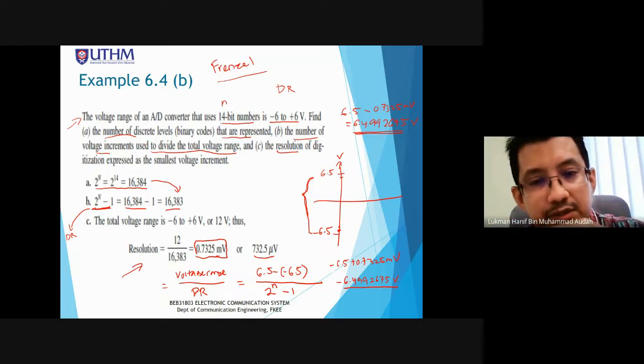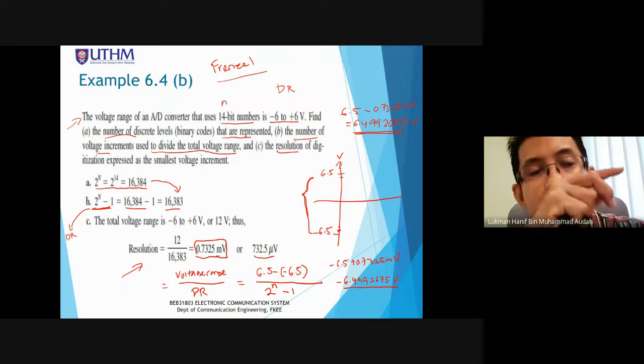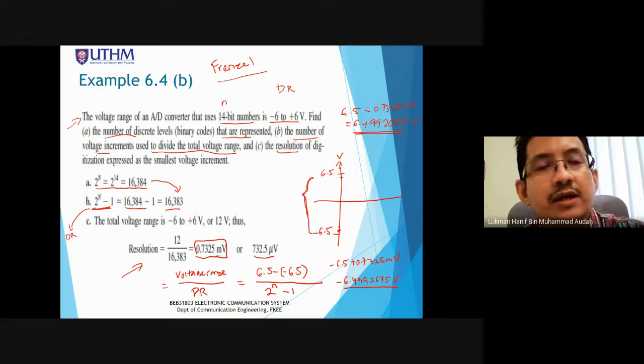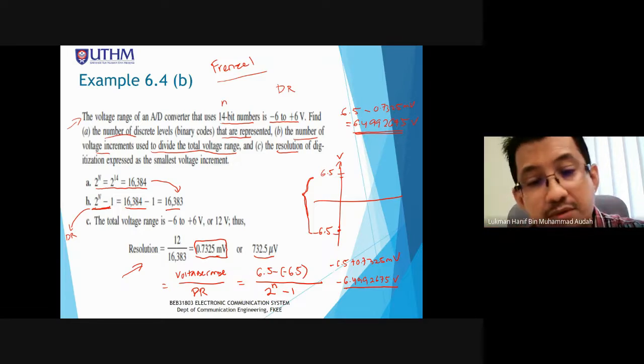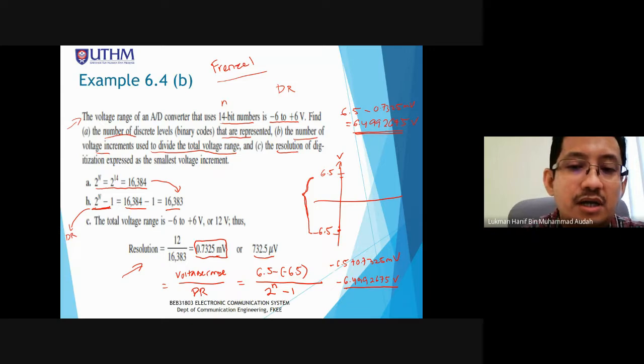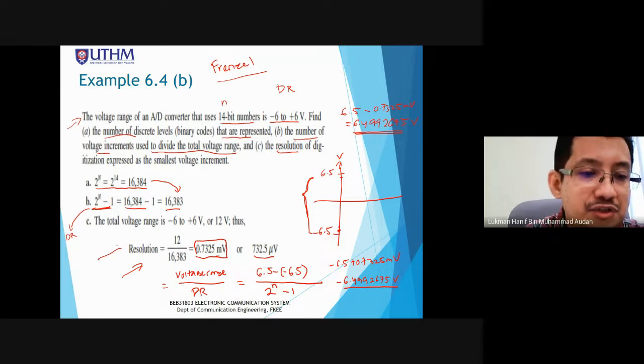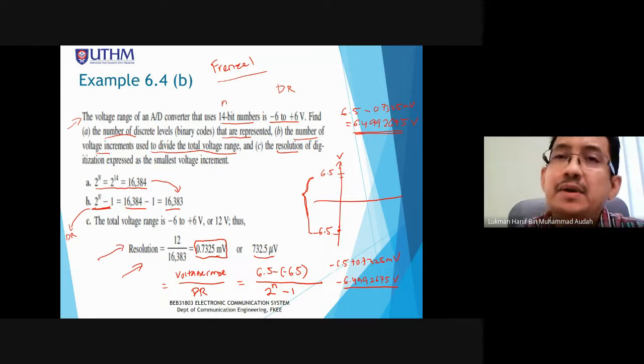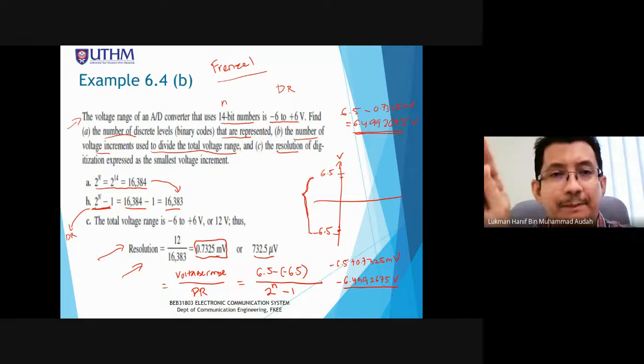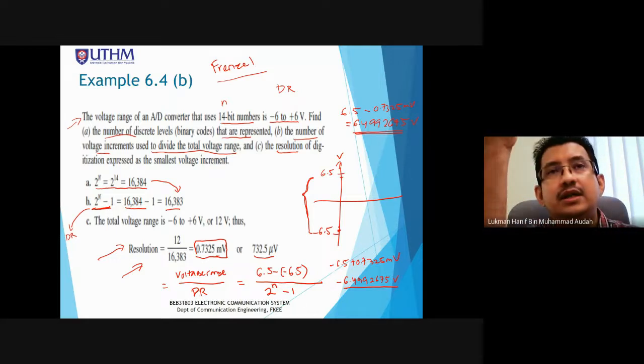Okay, for your information, dalam final exam sebelum ini pernah ditanya berkenaan berapakah nilai quantization level daripada maksimum sehingga minimum. Maknanya you kena cari berapakah nilai quantization level itu dalam sebutan voltage, menggunakan persamaan resolution ini. Pelajar perlu buat satu small table, nyatakan quantization level itu daripada maksimum sampai minimum.